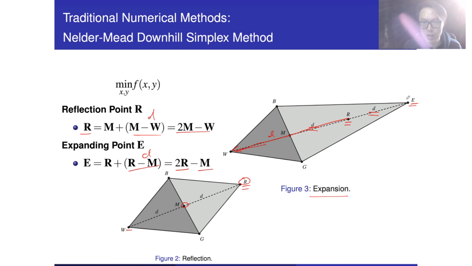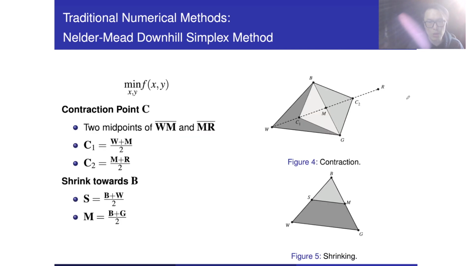When we are at or surrounding the local minimum, the refraction doesn't work. So what we are going to do is contraction, or shrinking. This diagram just shows the contraction.